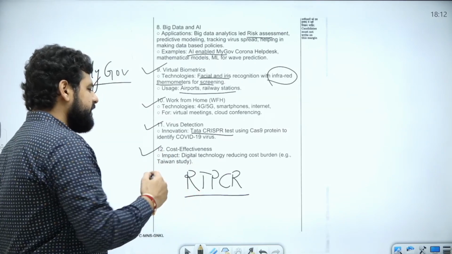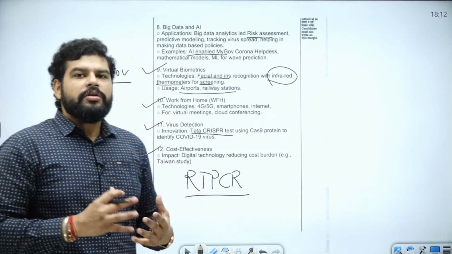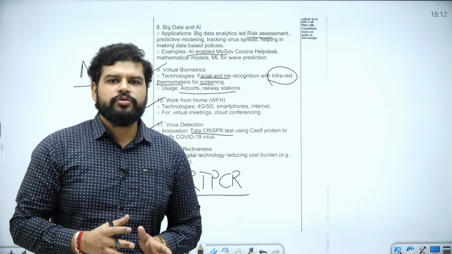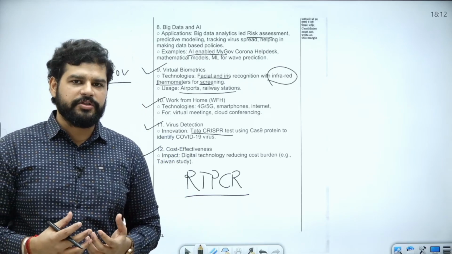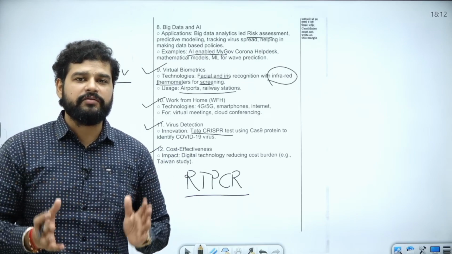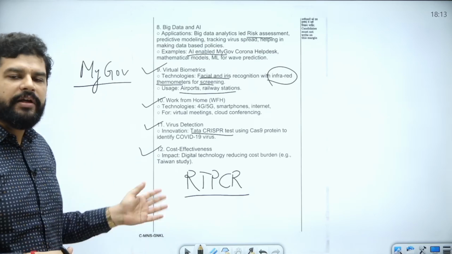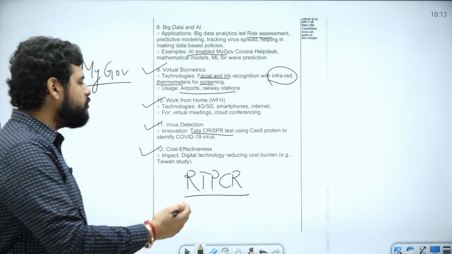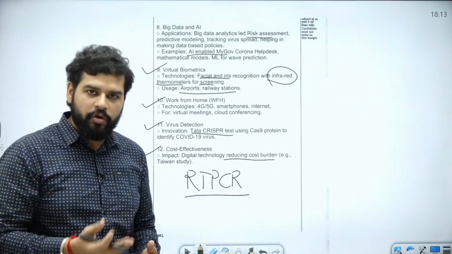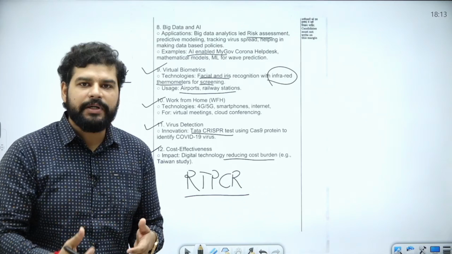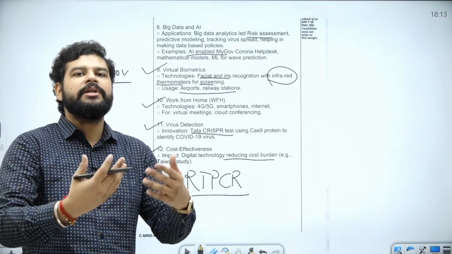Next, cost effectiveness. It's a general rule that when you use technology, you have a large scope of reducing the cost of your operations. Operations, in the sense of the functioning of the organization. Similarly here, digital technology was used to reduce the burden on the patient to get the cure and the burden on the hospital in the cost of disseminating the cure.